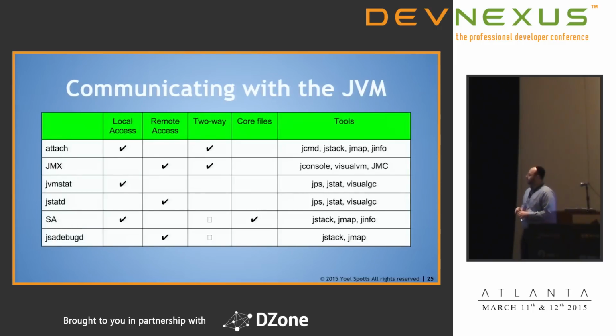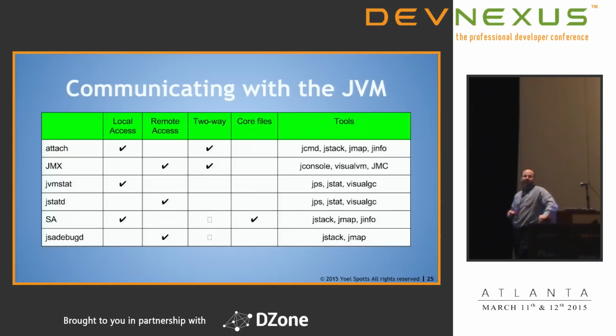Here I've got a little diagram to give you an idea, to try to summarize some of the different communication paths: local access versus remote access, coordination of communication versus non-coordination, and whether they talk to core files. That little box over there was supposed to be a half check mark. I don't know what happened. But the indication is it's not really two-way communication per se.